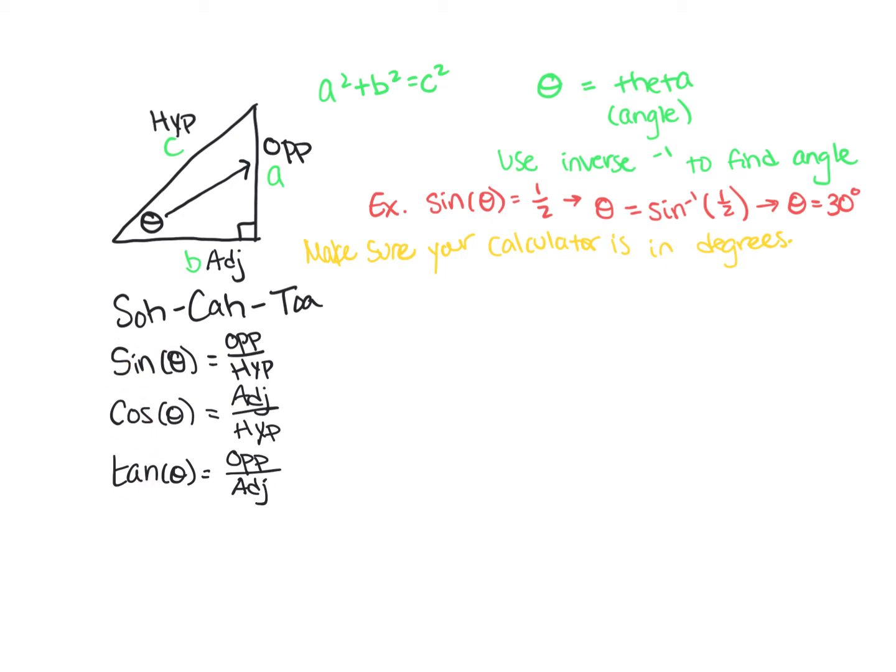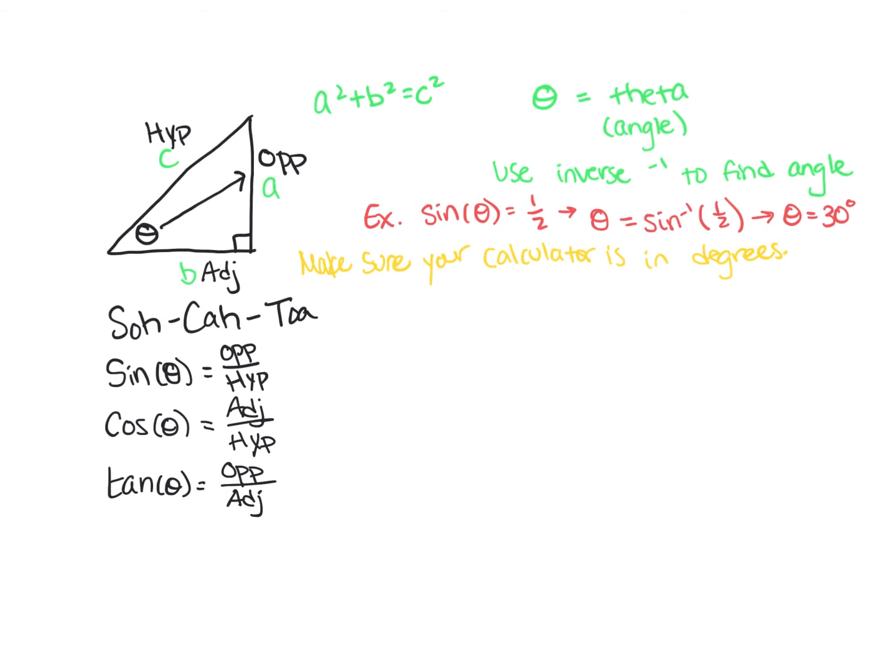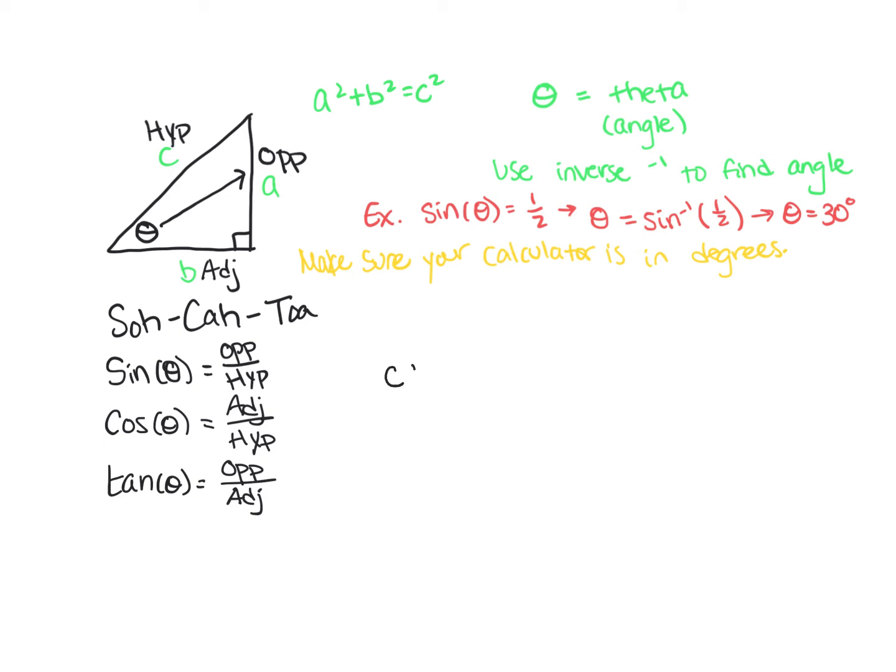The first one being called cosecant, which we shorten to CSC. CSC of theta is equal to the flip of sine, or hypotenuse over opposite. You can also think of this as 1 over sine of theta. So that's the reciprocal, or that flip.